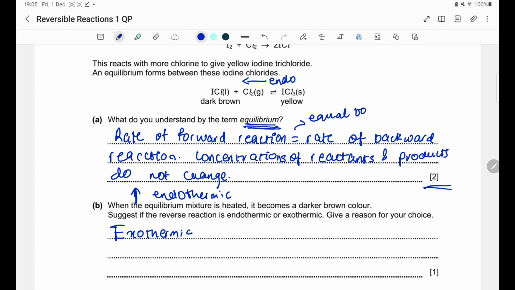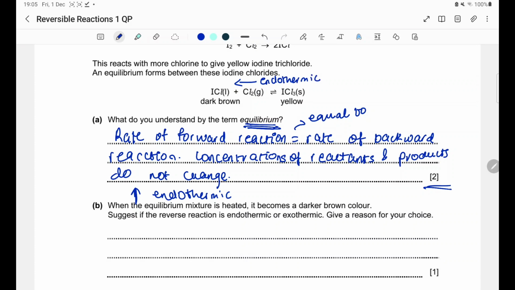Okay, 1 second. Apparently, this is a bit of a trick question over here. They said that when the equilibrium mixture is heated, it becomes a dark brown color. And we established that that means that the equilibrium is shifting to the left. And since it is heated, it's an endothermic reaction.